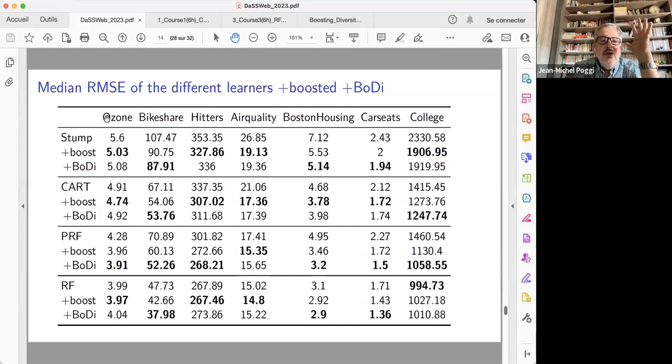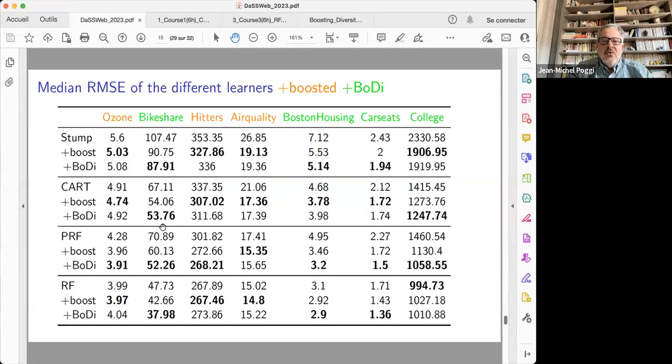Okay, and then you have in columns just the benchmark data sets. And we just compare this. It is a huge amount of information, quite uninformative.